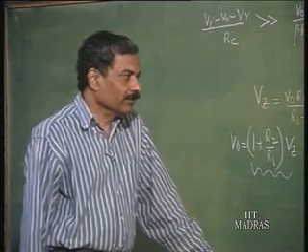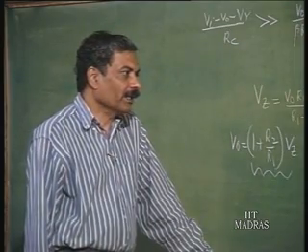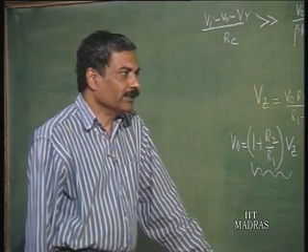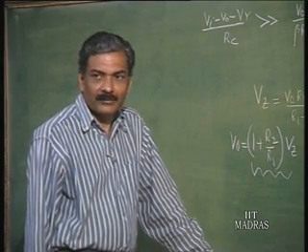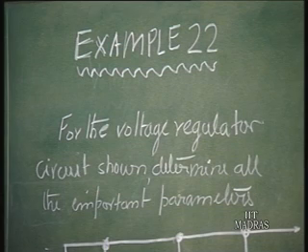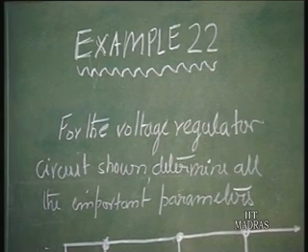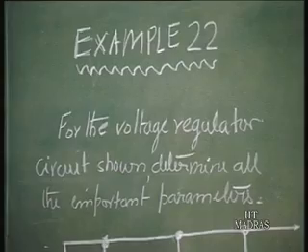So, we will work out an example and show the various parameters associated with the regulator. So, now consider example 22. For the voltage regulator circuit shown here, determine all the important parameters which we have already defined earlier.